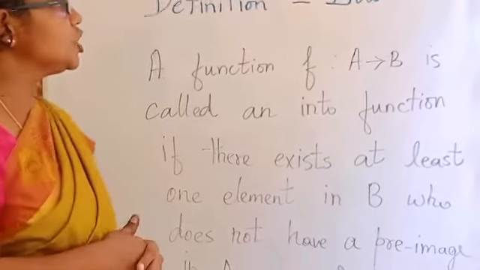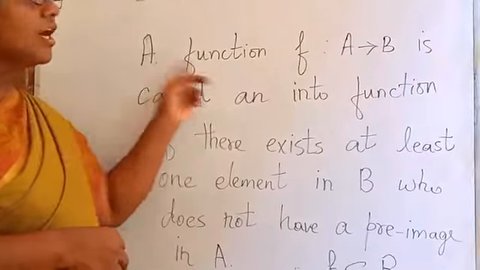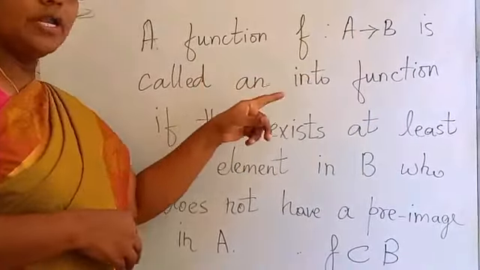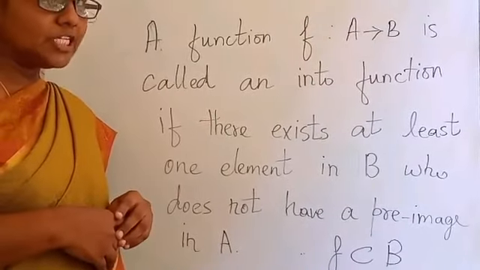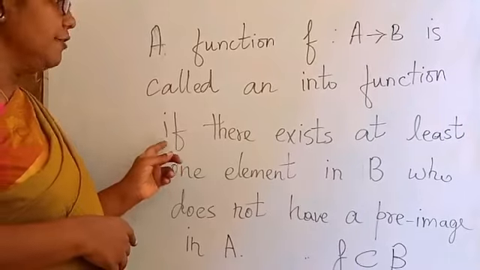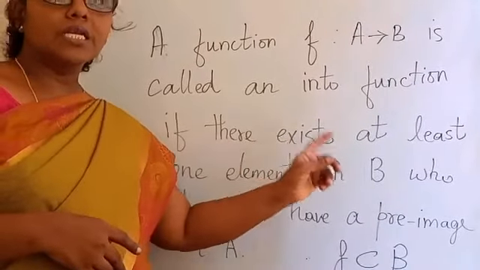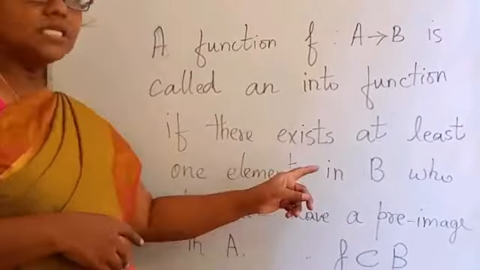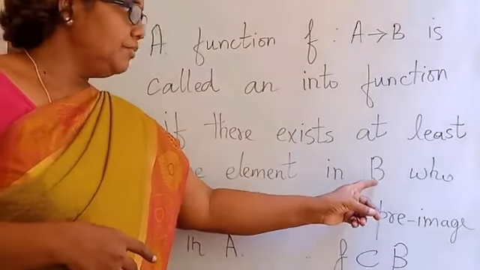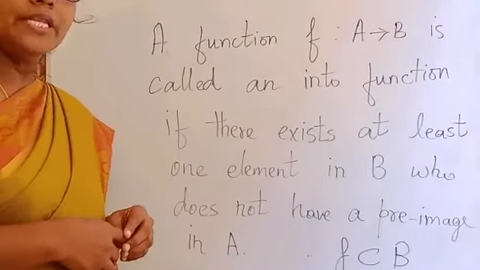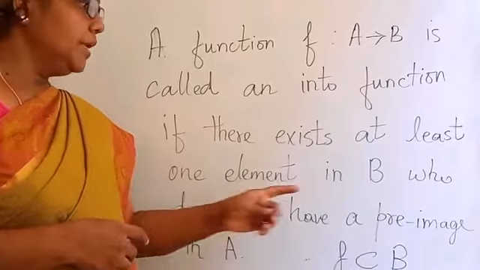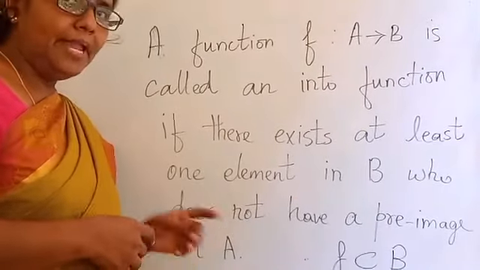Just look at the definition of an into function. A function f which has a mapping from A to B is called an into function if there exists at least one element in set B, set B is the codomain here, which does not have a pre-image in set A. The pre-image is present in the domain.